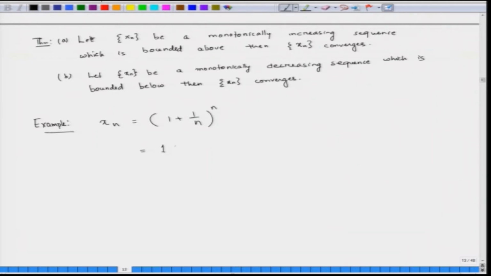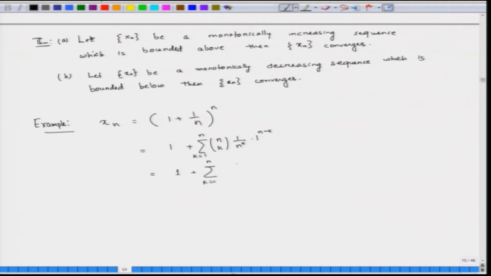This is 1 plus the summation of n choose k, times 1 by n to the power k, into 1 to the power n minus k. The k equal to 0 term I can put as 1, so the sum is k equal to 1 to n.